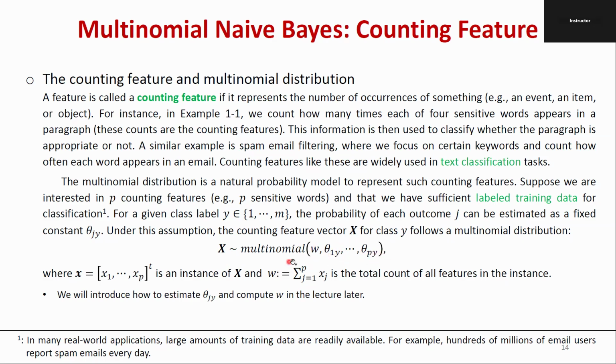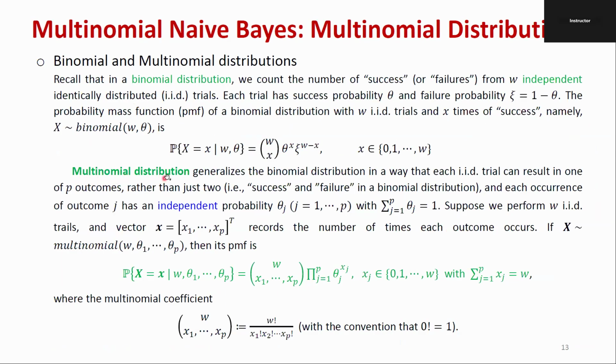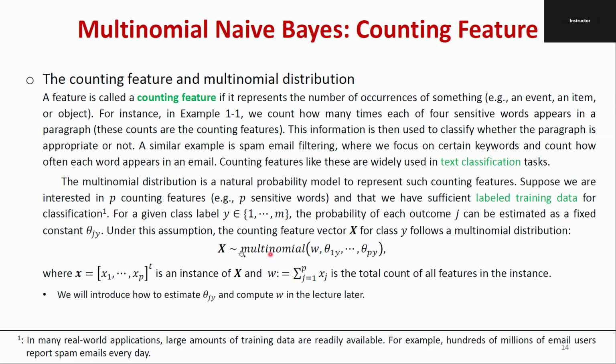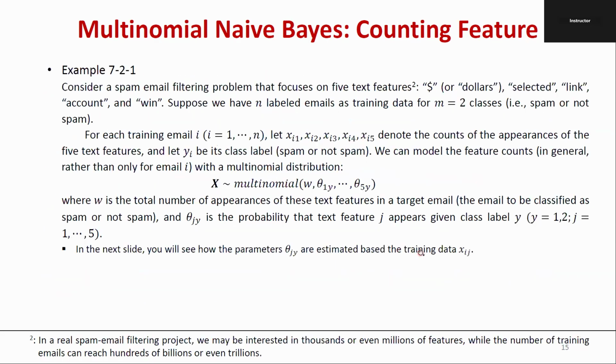Here, assume we know all the parameters, especially those thetas. Later we'll introduce how to estimate them, but here, assume everything is known. That's the reason we introduce the multinomial distribution: the multinomial distribution and counting features have a natural connection.